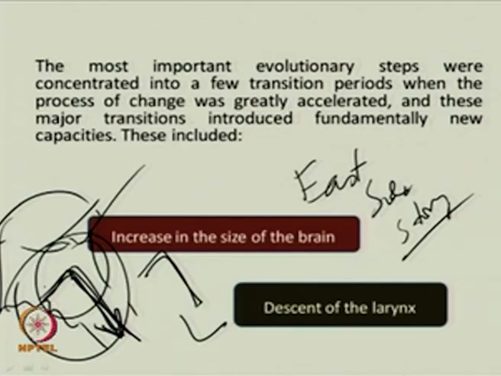This descent of the larynx therefore was immensely important for what? For the beginning of language, with a repertoire of sounds more than that available to our ape cousins. So what are the 2 points here?